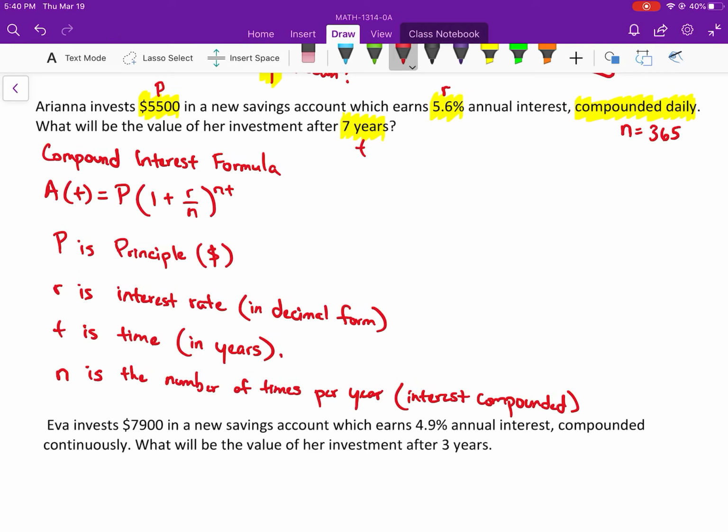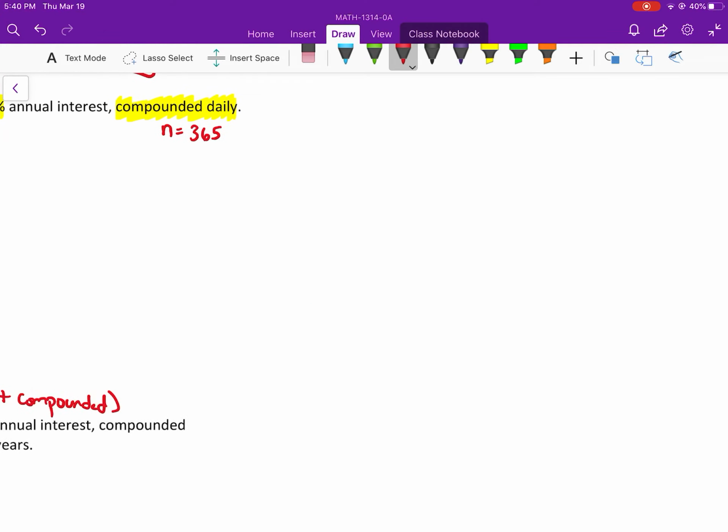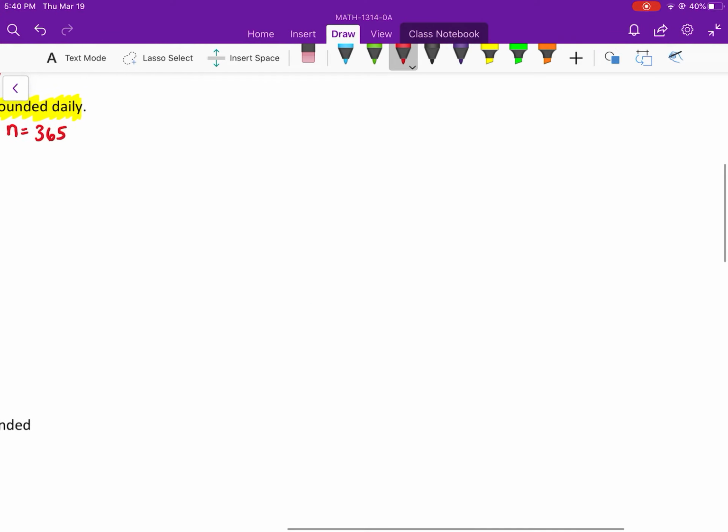Okay? And so what we could do is list a bunch of examples here. Before we actually get to the problem itself, let's go ahead and go through a bunch of examples. So we already did compounded daily. How about compounded monthly? Well, we said that one out loud, but let's make sure we write it down. That would be N equals 12.